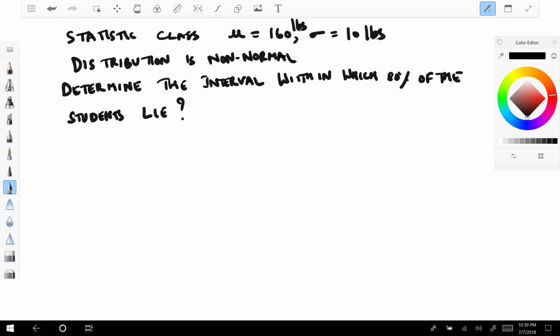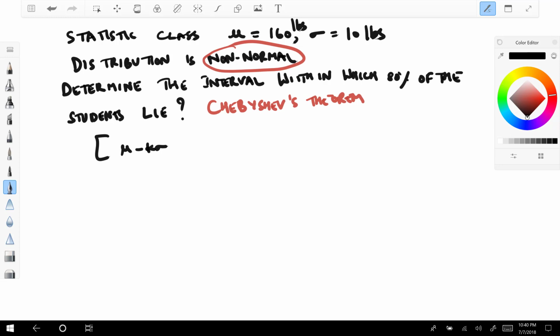So because the distribution is non-normal, I need to use Chebyshev's theorem. So in Chebyshev's theorem, the interval is given by mu minus k sigma and mu plus k sigma.